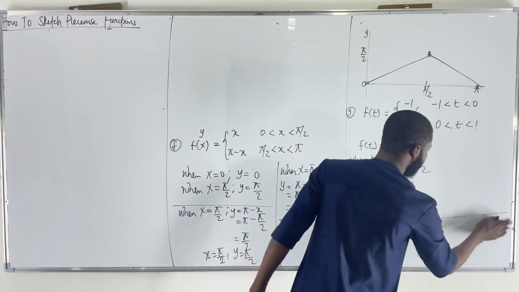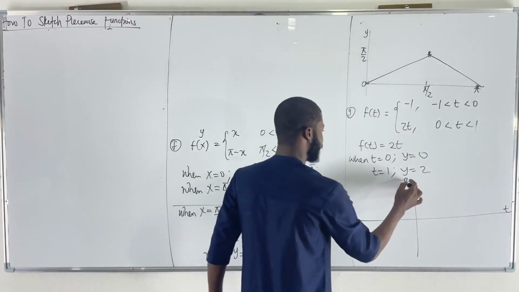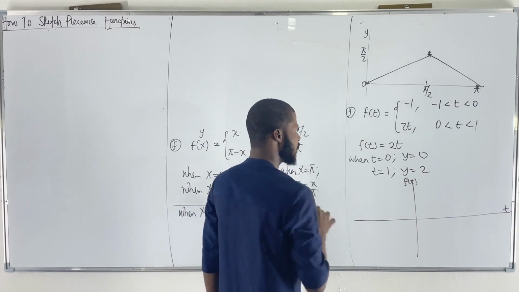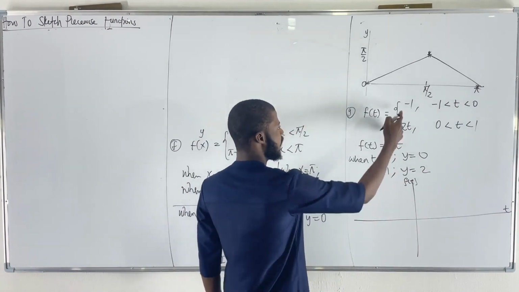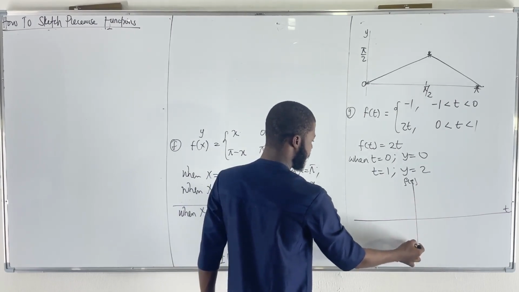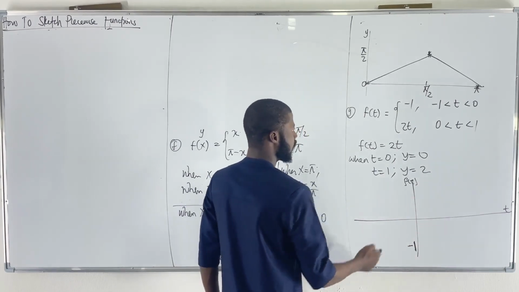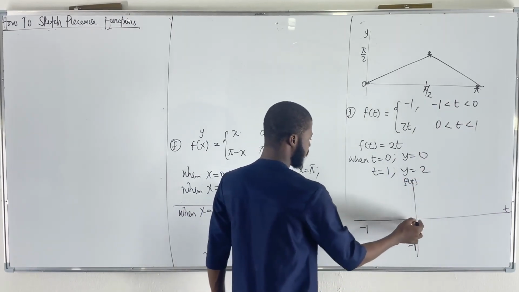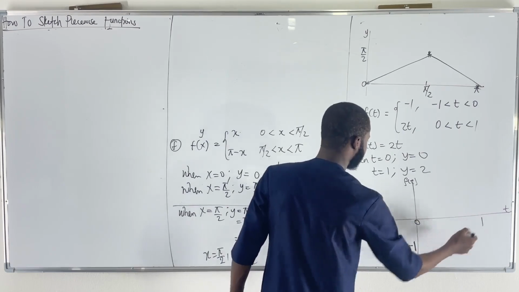So this is our t, and this is our f of t. So to start with, we have minus 1. So let me put minus 1 right here. Then my t value is from minus 1 to 1. So this is minus 1, this is 0, and this is 1.